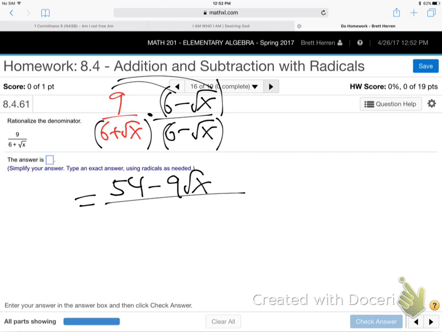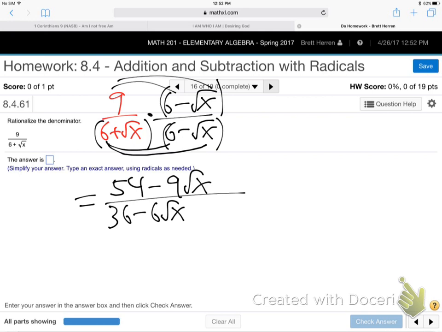Now on the bottom, it's a FOIL, right? First to both, second to both. So the 6 goes to both. So 6 times 6, that's just 36, just normal number multiplication. Minus 6 root x. That good so far? The 6 is an outsider, the x is an insider. They stay separated.